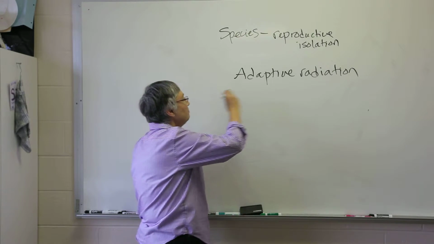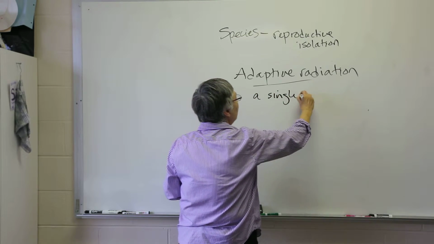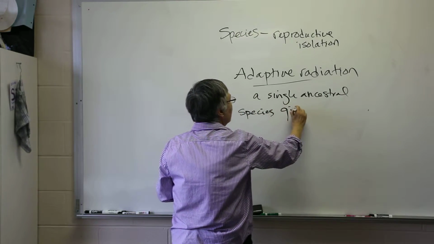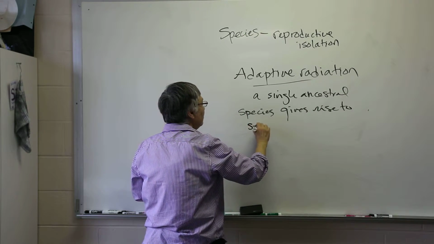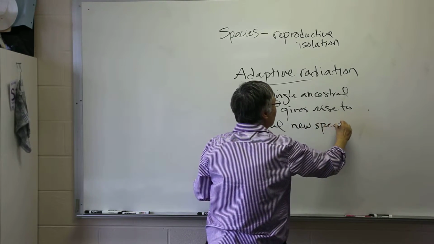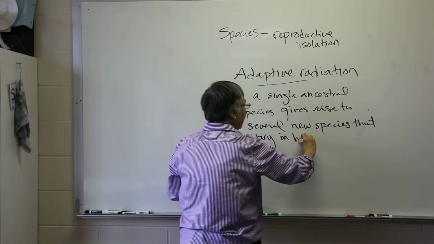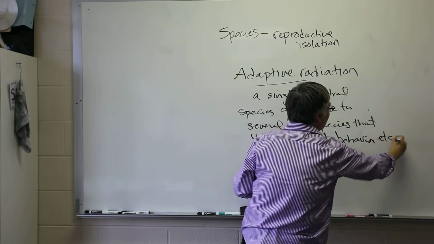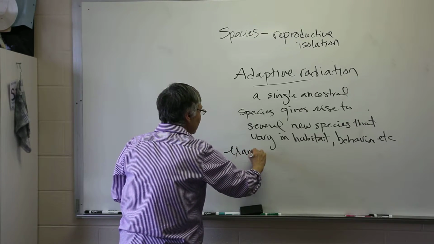And this is a type of speciation in which a single ancestral species gives rise to several new species that vary in habitat, behavior, etc. So there's lots of examples.